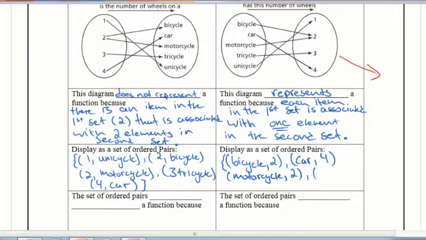Tricycle, 3. And unicycle, 1. And I'll close my squiggly bracket. Did I go bicycle, 2, motorcycle, unicycle?